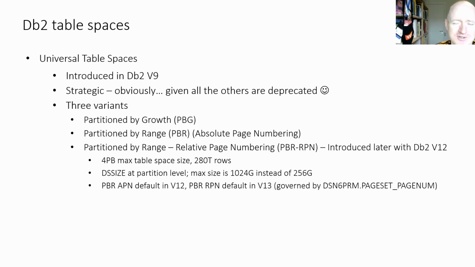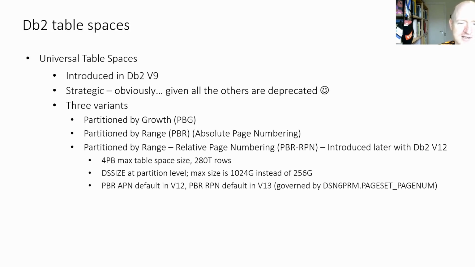Obviously, all the others are deprecated. Most of them were introduced in DB2 version 9, so a long time ago. There are three variants, I would say. There's the PBG and PBR with absolute page numbering that was introduced in version 9. Then more recently in DB2 version 12, we have the PBR with relative page numbering.